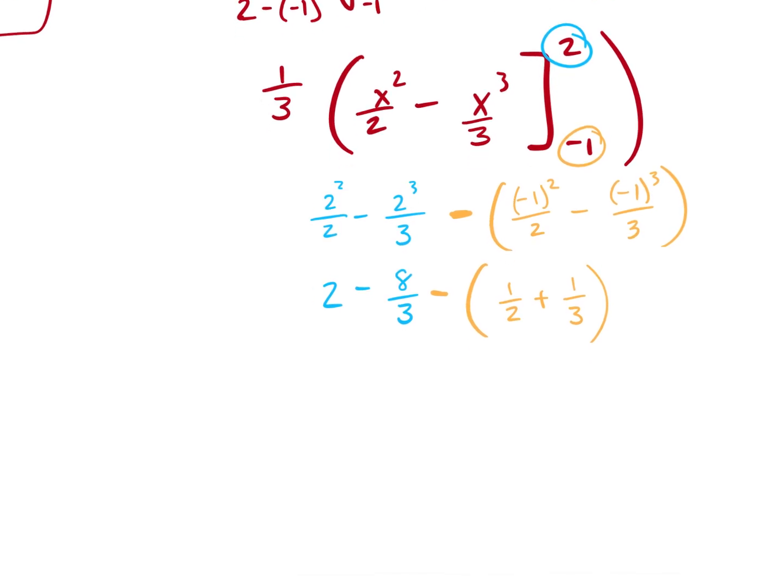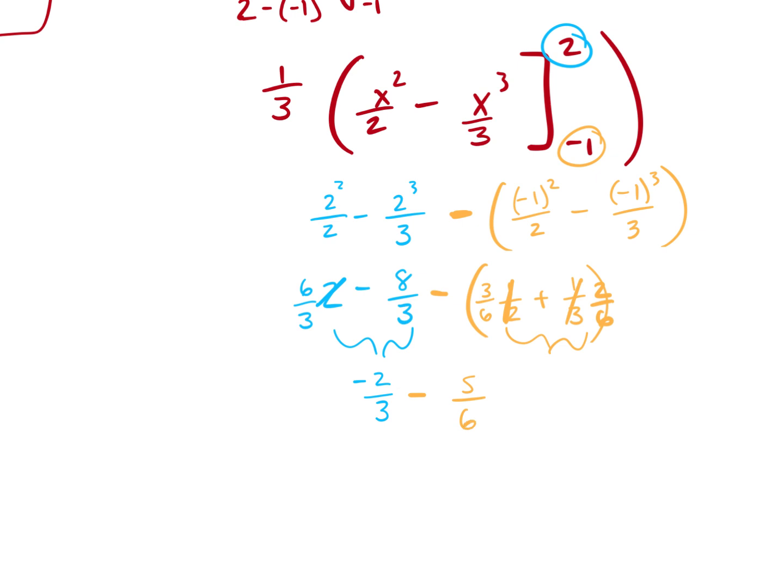I'm going to add inside my parentheses here, so I'm going to combine these together. So this would be 6 over 3 when we have a common denominator, so we get -2 over 3. Minus, when I add these two together, I need to change both of them, so this would be 3 over 6. And this one would be 2 over 6. So when we add them together, we get 5 over 6.